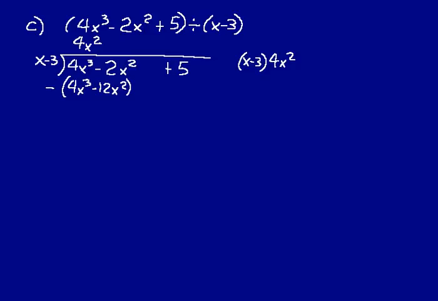So we put a negative out in front of it, and we can think of algebraic addition. 4x cubed plus a negative 4x cubed, that would be 0. And then minus 2x squared plus a 12x squared, because we have minus times minus, that would give us 10x squared. Now, if we brought the next thing down, that would be a 5.